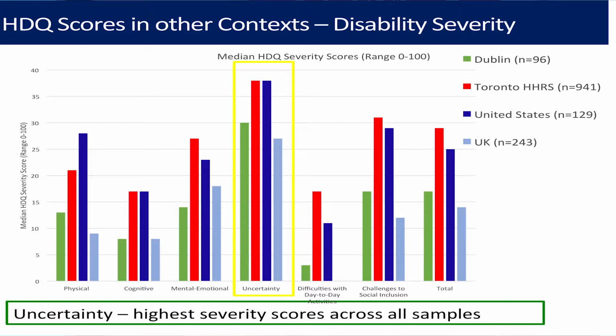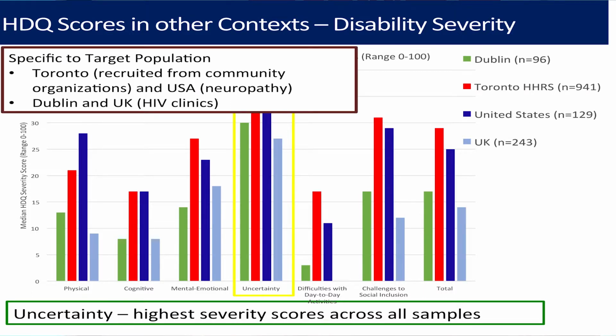severity scores. The caveat there being that we recruited for our Canadian study largely from community-based AIDS service organizations, so participants were identified as having health-related challenges. In the United States, those were individuals living with HIV and peripheral neuropathy, so we may expect that they had higher presence and severity of disability.